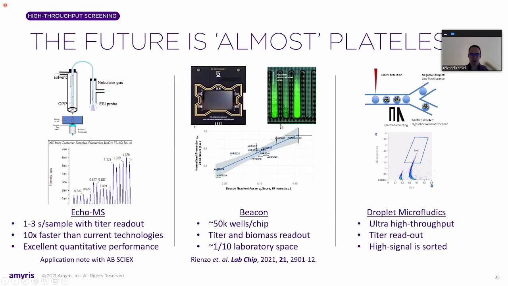And so we did an investigation with Berkeley Lights on their beacon, and with a molecule that is naturally fluorescent. And you can see here, the green is actually the fluorescence produced by that molecule, the fluorescent signal, and you can measure biomass at the same time. So what this allows us to do is to measure productivity, which we traditionally haven't had the ability to do at small scale.